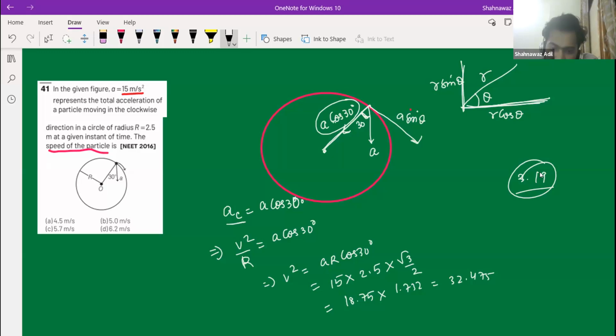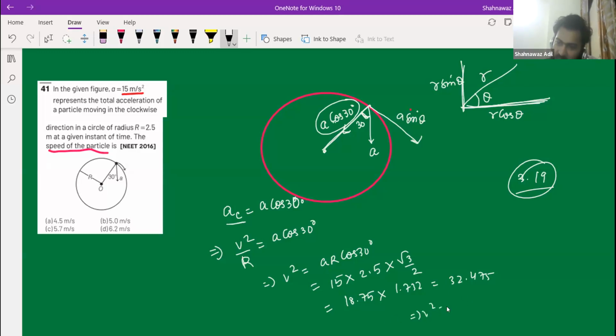So what did we miss? 15 into 2.5 equals 37.5, into 1.73 is 64.95, divided by 2 is 32.475. The square root is 5.694.